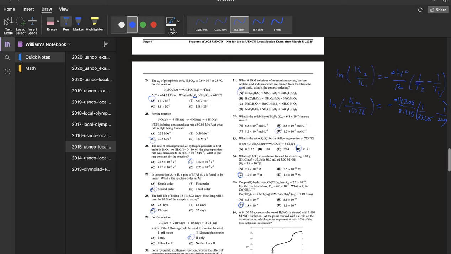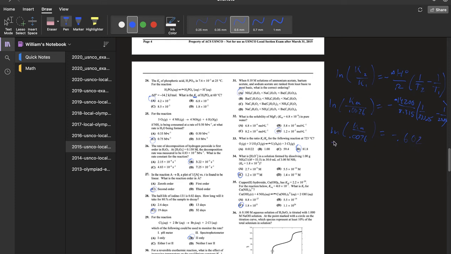So if we just calculate the right side of the equation, we end up with ln of Ka over the other Ka at a different temperature is equal to negative 0.602.